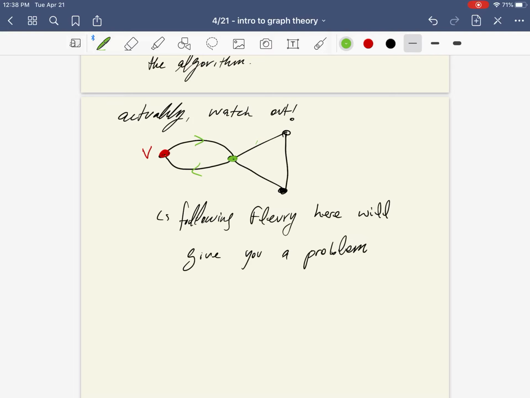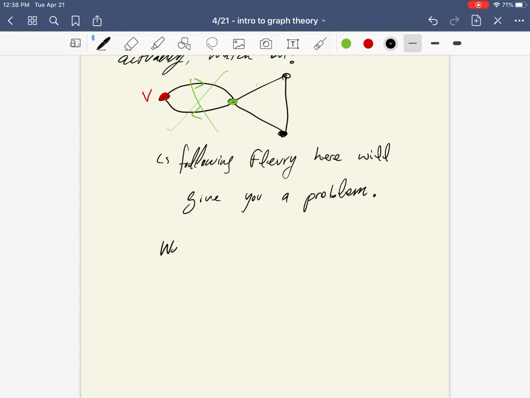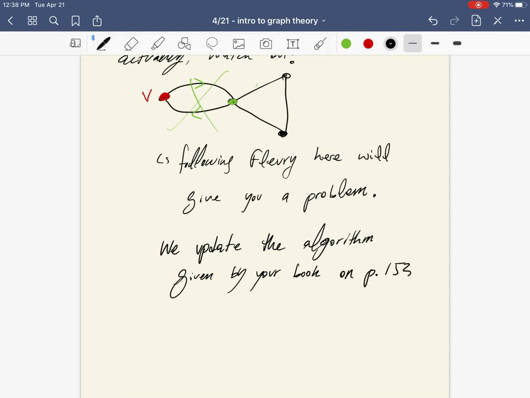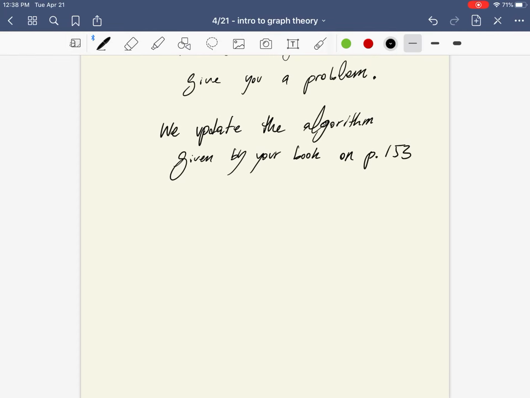So actually, we update the algorithm given by your book on page 153 to include one more condition, one that I just came up with off the top of my head.